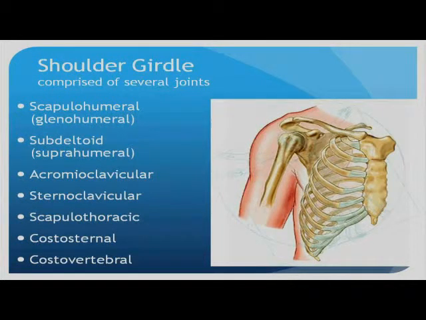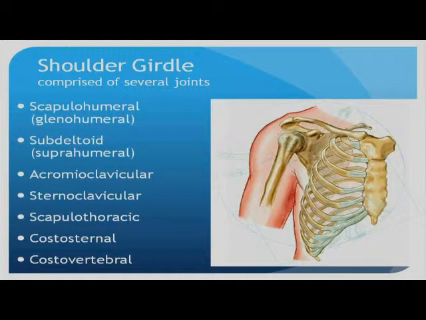The shoulder plays a big part in neck problems, thoracic outlet syndrome problems, and obviously upper extremity problems, and it's a very complicated mechanism. When we talk about the shoulder joint specifically, what we're really talking about is the glenohumeral joint or the scapulohumeral joint, where the head of the humerus sits in the glenoid fossa.